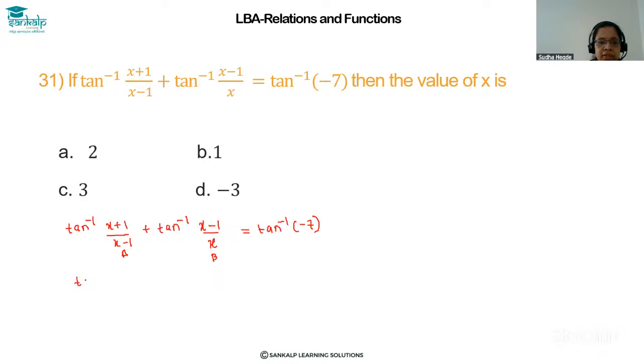So it is tan inverse of ((x plus 1) divided by (x minus 1) plus (x minus 1) divided by x) whole divided by (1 minus (x plus 1) divided by (x minus 1) into (x minus 1) divided by x).